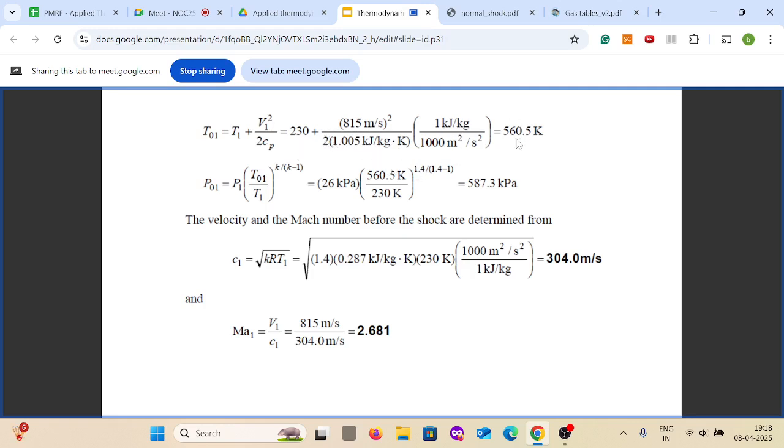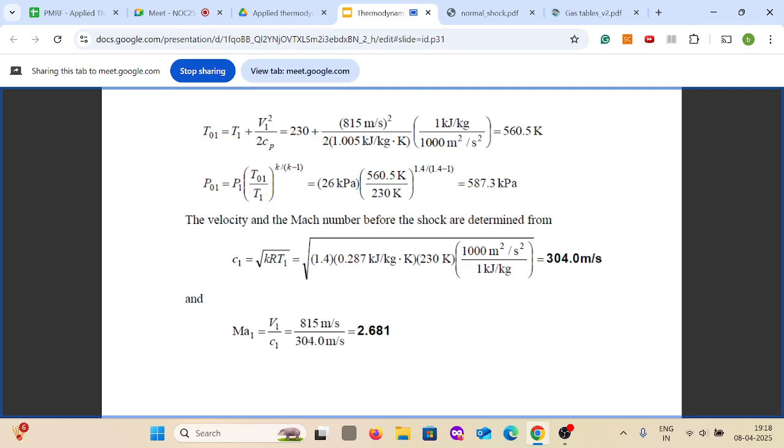This gives you 560.5 Kelvin. Next is P naught. So P naught is P1 into T naught by T raised to power gamma by gamma minus 1. So P1 is 26 kilopascal, and substituting the stagnation temperature and temperature, we get P naught as 587.3 kilopascal.